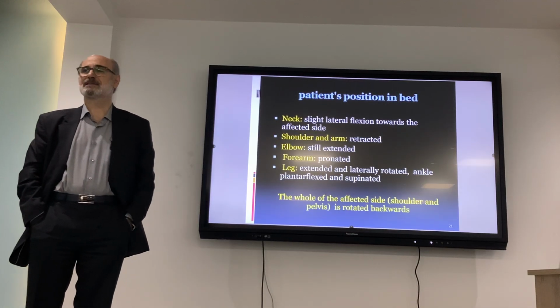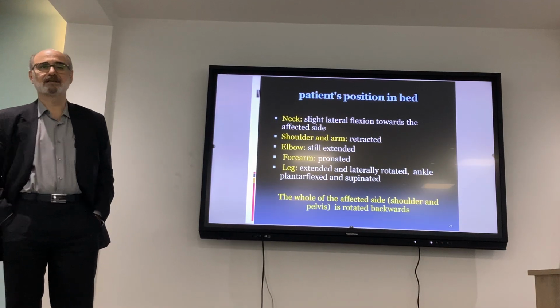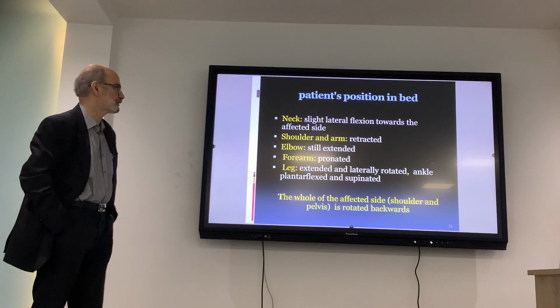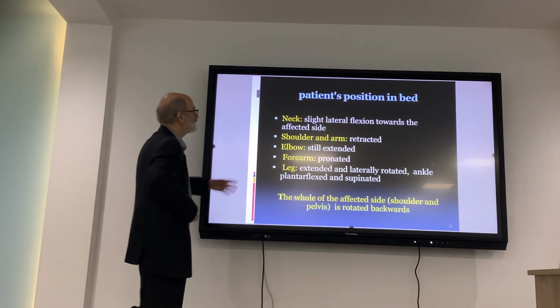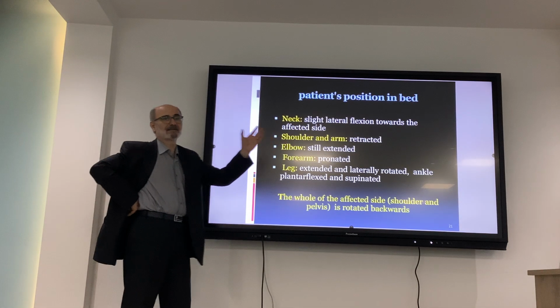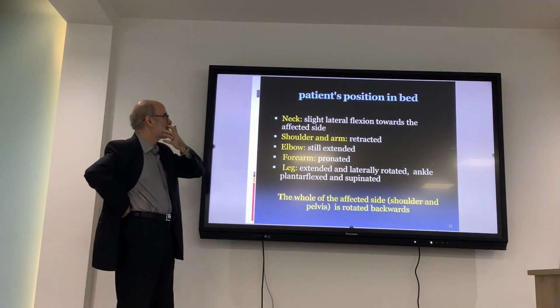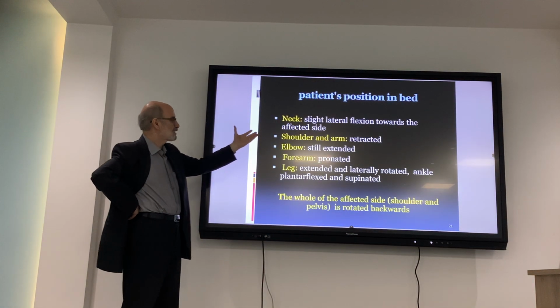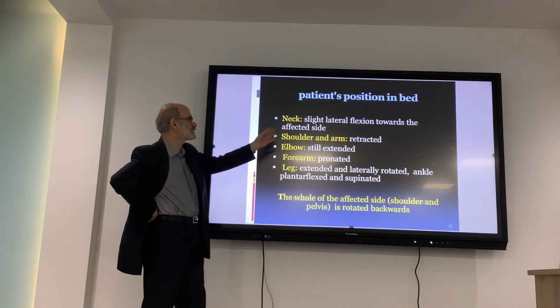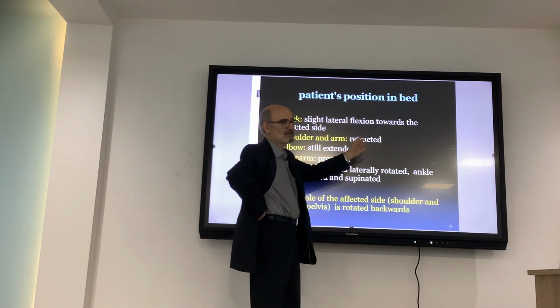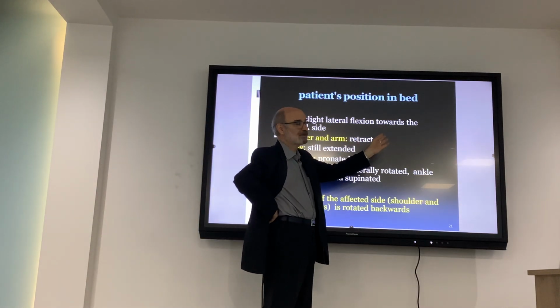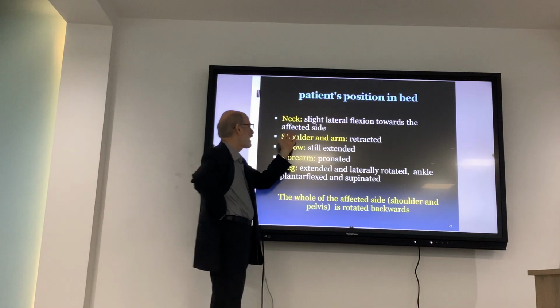But how is the position of the patients soon after a stroke? Usually, at the flaccid stage, the patient's position in the neck is like that. The neck is in lateral flexion towards the affected side.